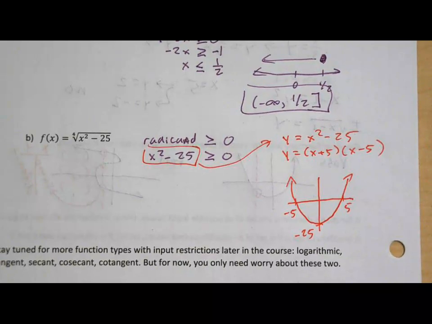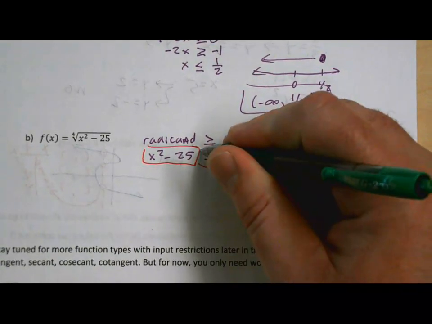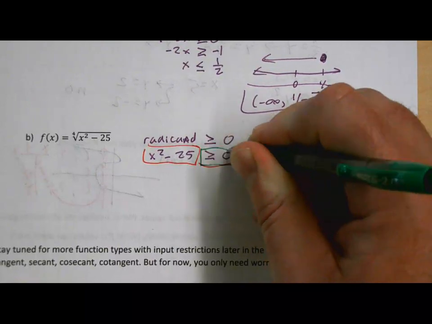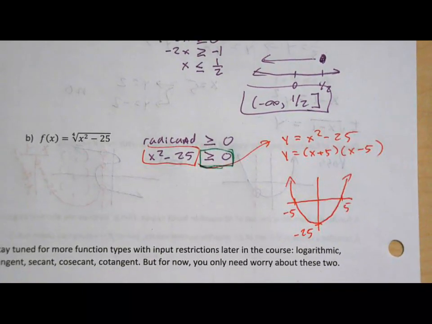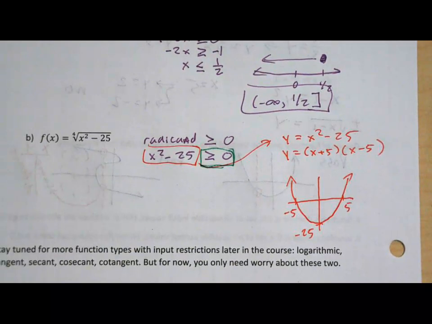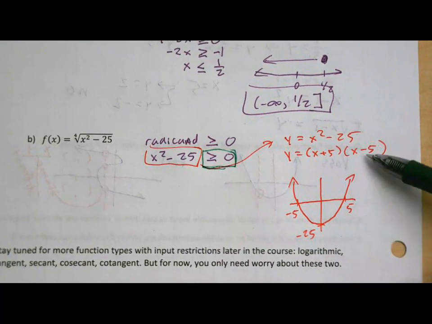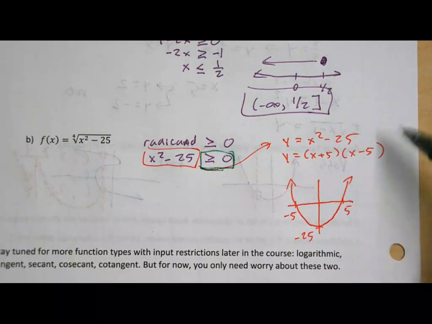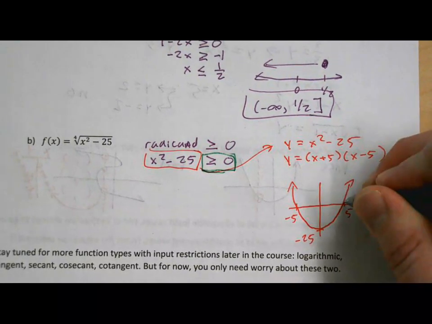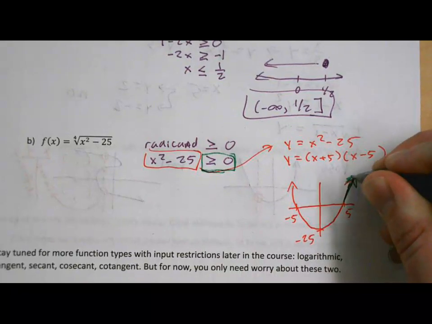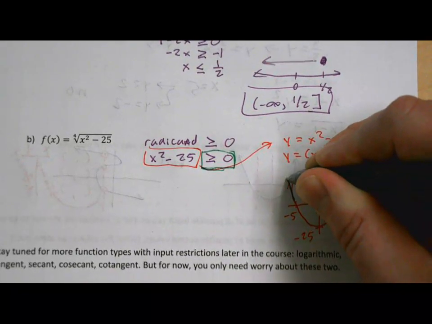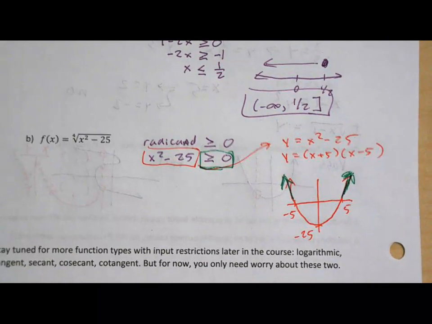Because ultimately, I want to know where that x squared minus 25 is greater than or equal to 0. This is kind of why we practiced this on Wednesday. Greater than or equal to 0 means are we talking about above or below? We're talking about the regions where it's above. It would be above in this region here and in this region here.